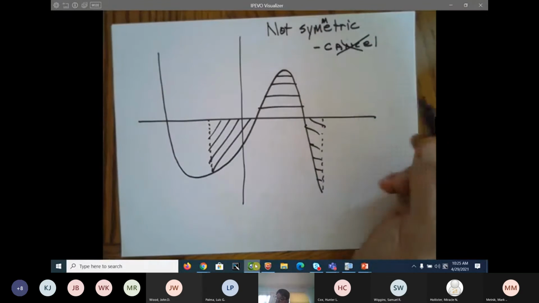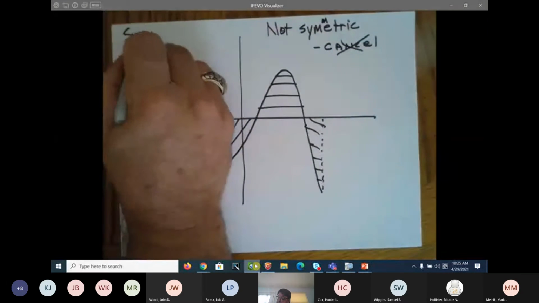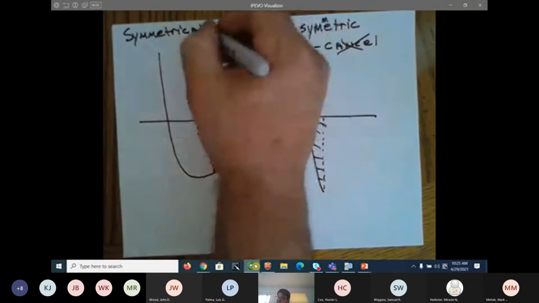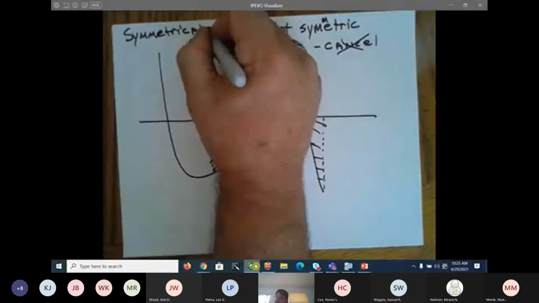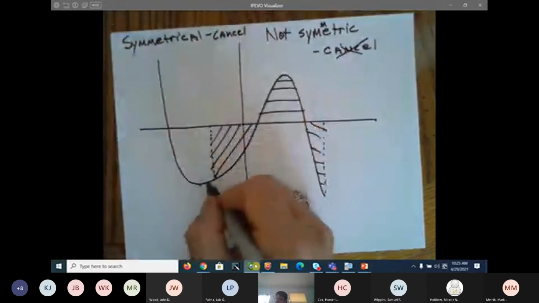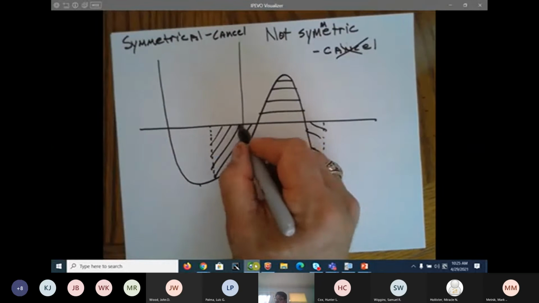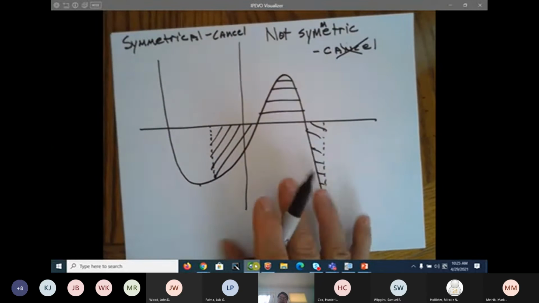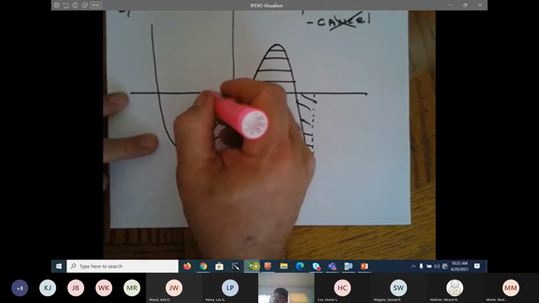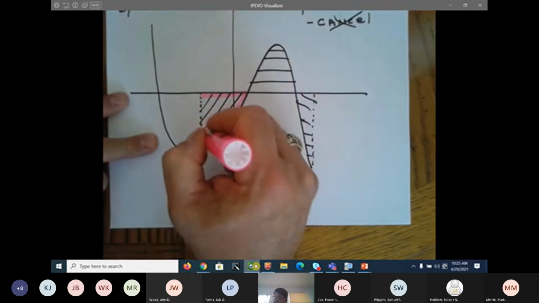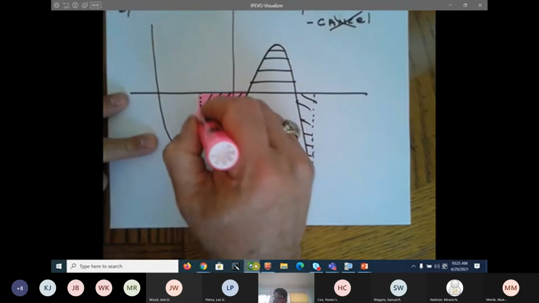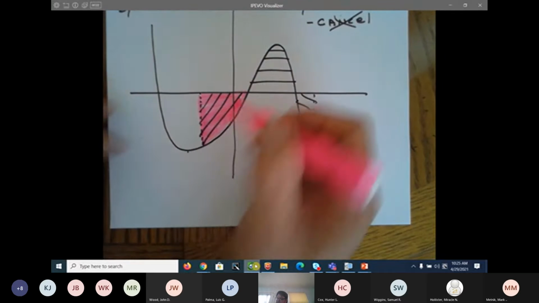If it's symmetrical, the areas usually cancel if it's around the origin. And this one is kind of going through the origin, just over this way a little bit. So let's say that this area right here, and I'm not going with the actual problem, I'm just making this up, let's say that pink area is -5.